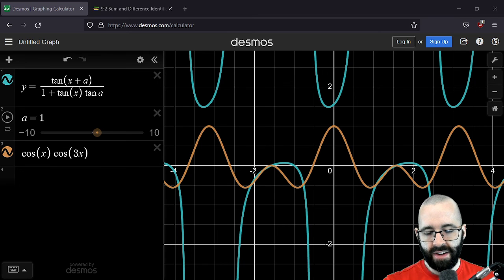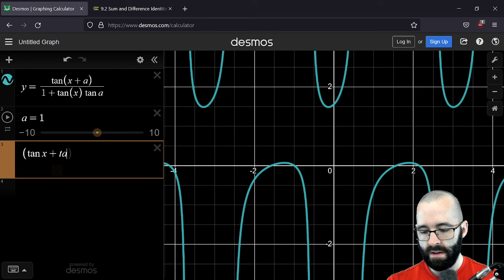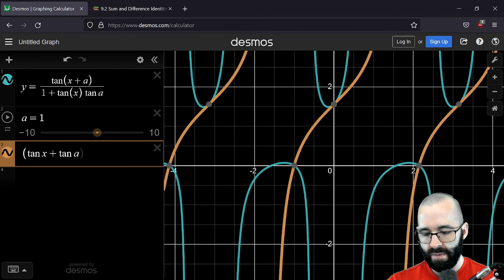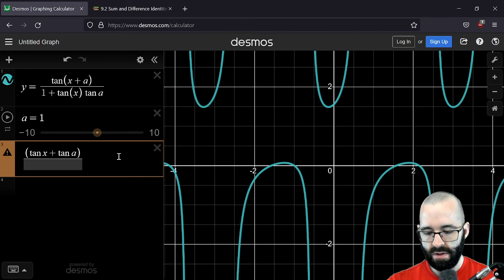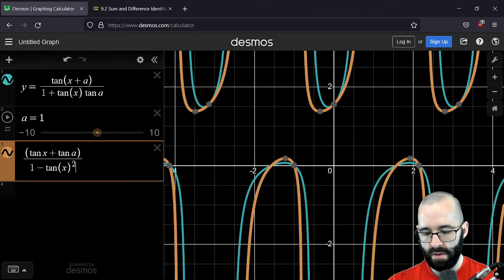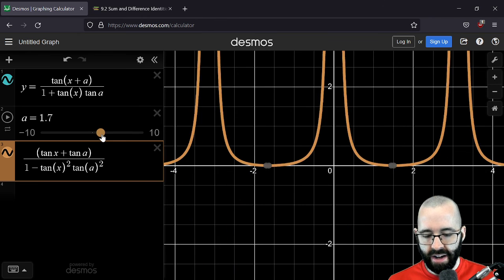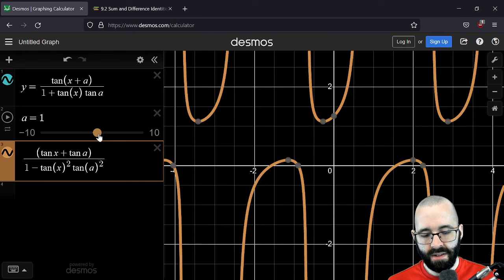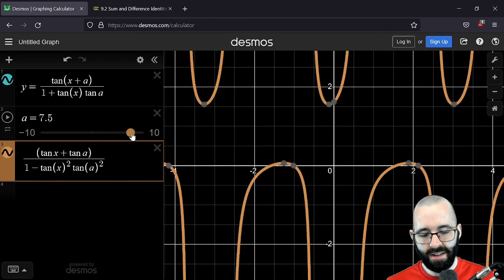The right-hand side is tangent of x plus the tangent of a, divided by 1 minus tangent x tangent a. So notice that for a equals 1, these are the same graphs. And for different values of a, they're still the same graphs. And as you change a, the graphs change.